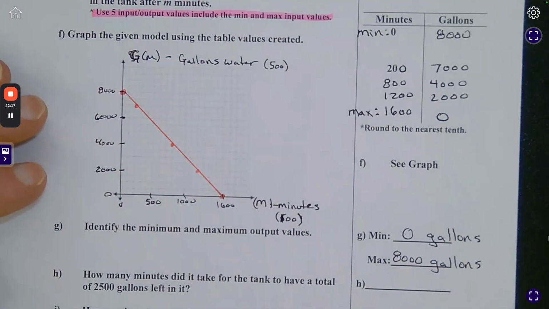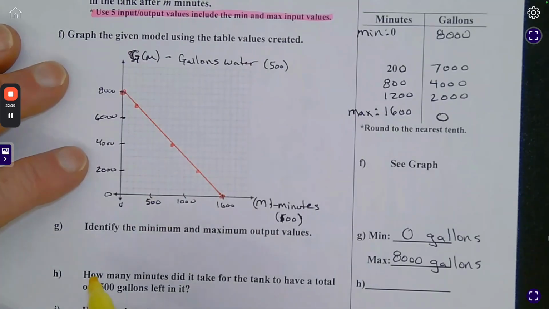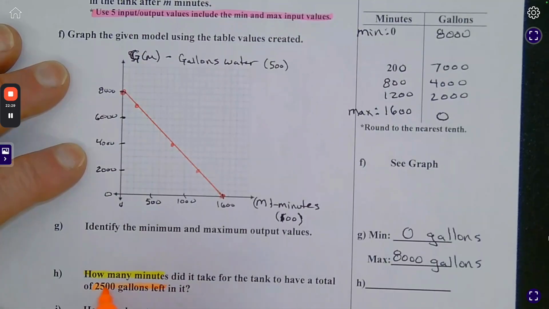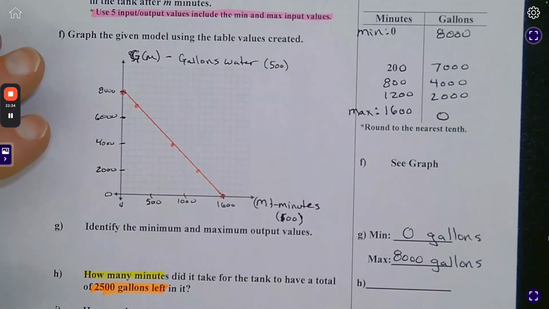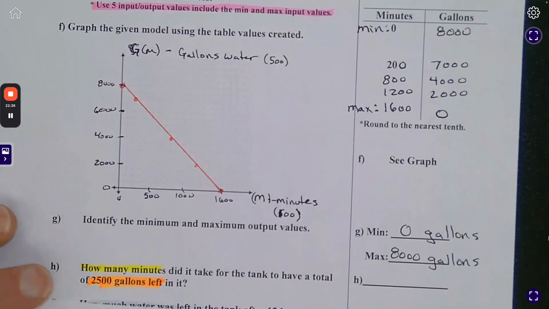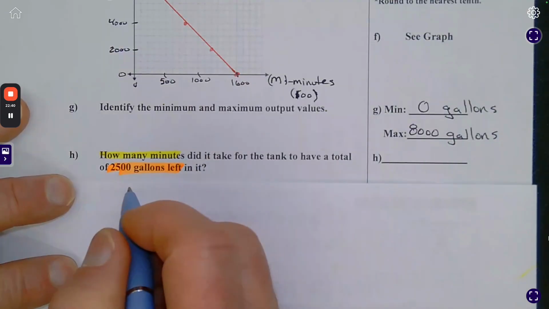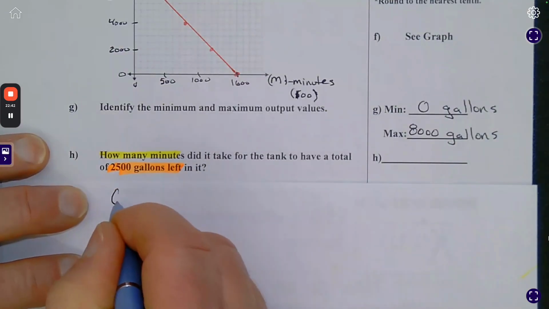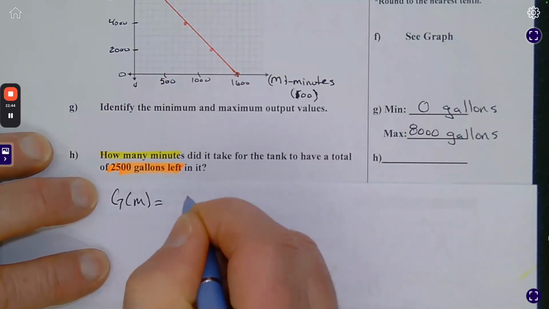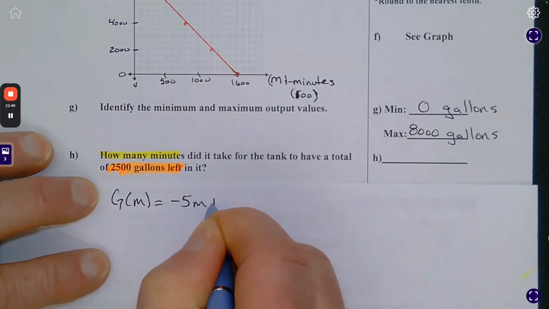How many minutes did it take? All right, so again, we got to think about what they're asking. How many minutes did it take the tank to have a total of 2,500 gallons left? Okay, so I'm going to go to my model, and I'm going to go to my output, because the output is gallons, and solve it for the input.